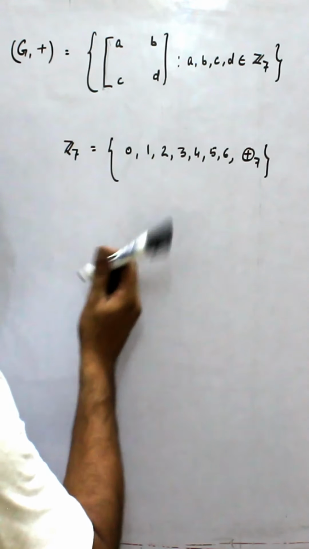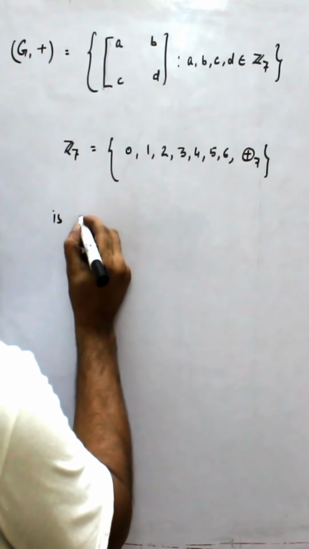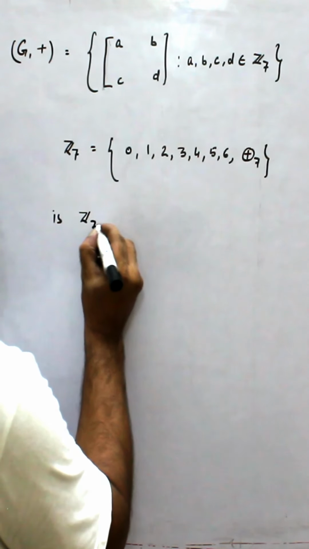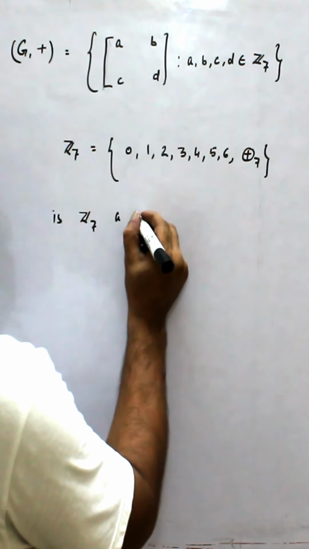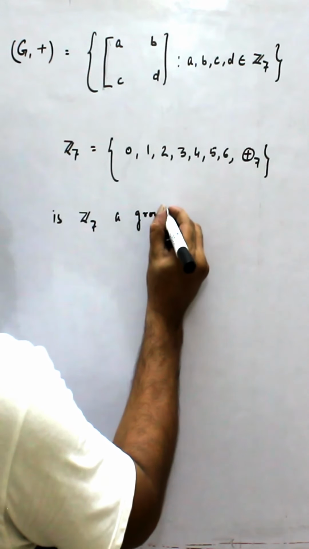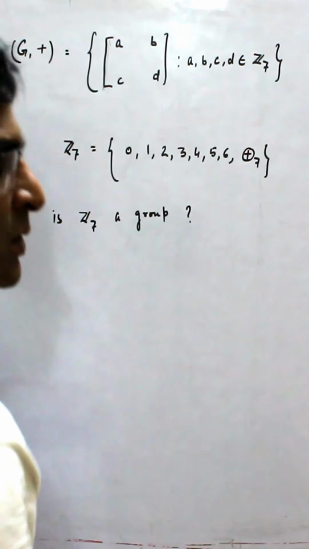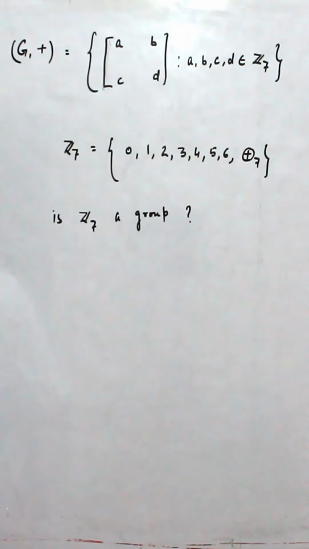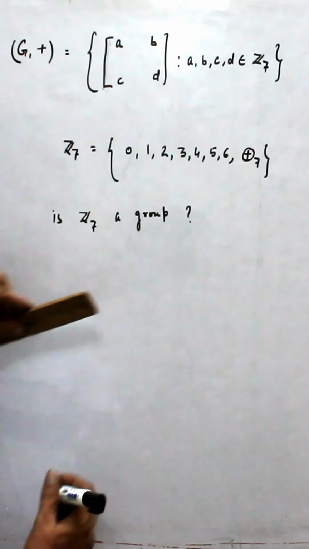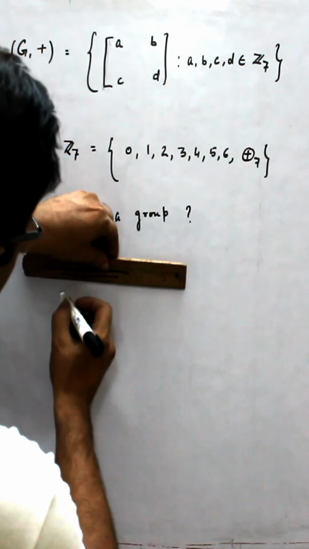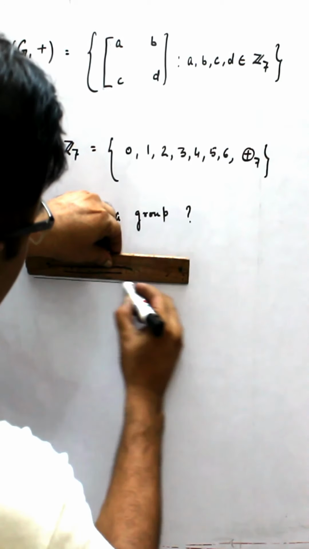First we check: is Z7 a group? Simple. If you want, we can prove it by Cayley theorem, because we have done many other questions. This is not very hard.